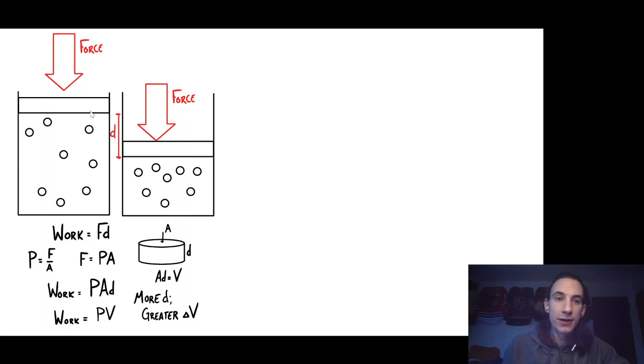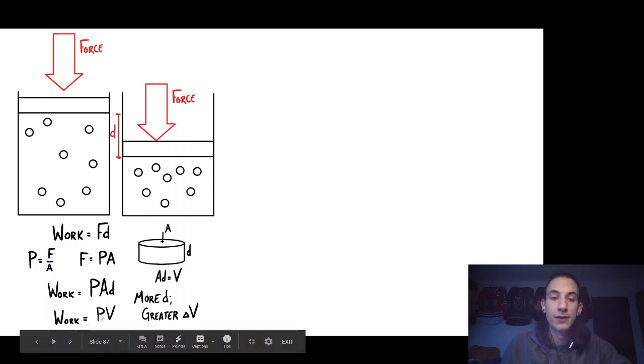We had the area of the piston, and we decreased the volume by the amount that we displaced that top piston, the thing that's holding it all in. So the volume that we changed it by was this area of our piston times this displacement d. So we can call this change in volume A times d, or just change in volume. So our work is then equal to P, the pressure, times the change in volume.